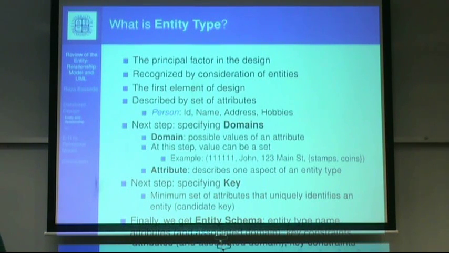So basically, attributes describe one aspect of an entity type, and after defining domains for attributes, the next step is specifying keys. So why are we specifying keys? To access them easily. Uniqueness. Why do we need uniqueness?